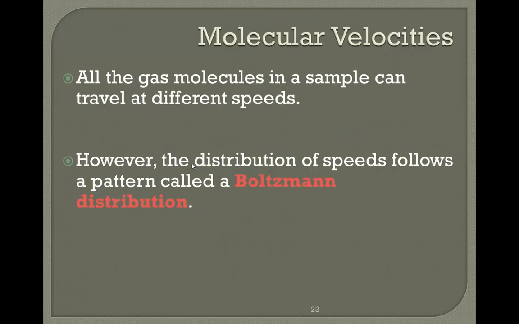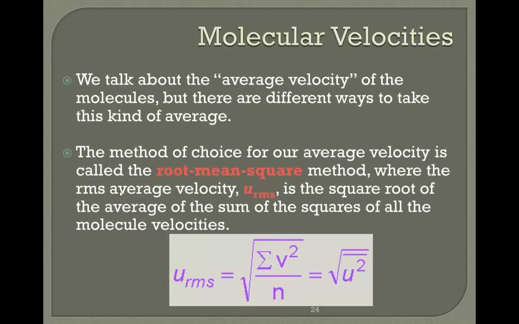All the gas molecules in a sample can travel at different speeds. However, the distribution follows a pattern called the Boltzmann distribution. And here's a graph. We'll get to a graph of it later. We talk about the average velocity of the molecules, but there's different ways to take this kind of average.